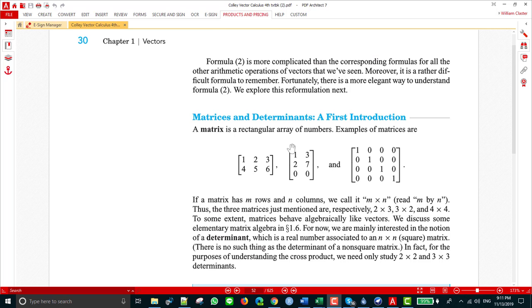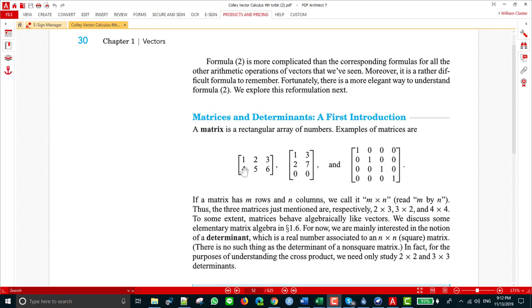Now we've already done matrices, and I think we've already done determinants. But let's read through this a bit just to make sure they're using the same language that we used. So here we have 1, 2, 3 matrices, and we're going to define the product of a pair of them.